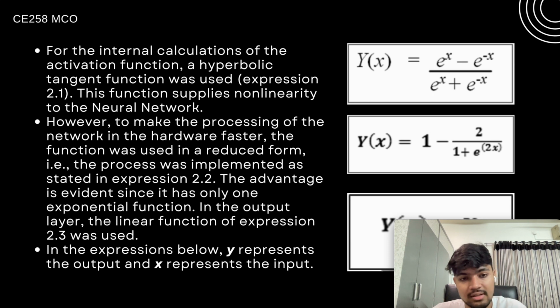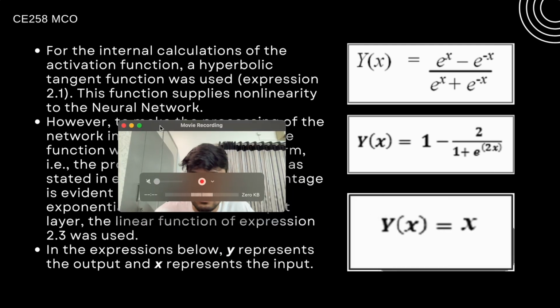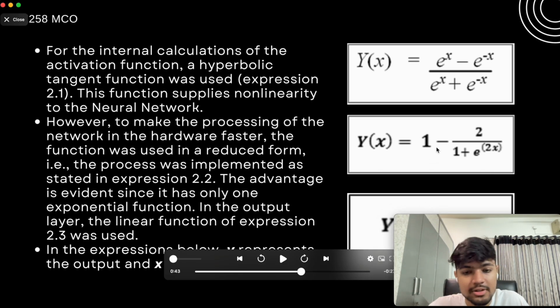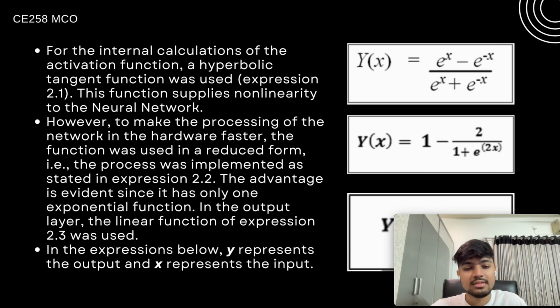The advantage is evident since it only has one exponential function rather than the 4 in the first image. In the output layer, the linear function of expression 2.3 was used, which is this one. In the expressions below, y represents the output and x represents the input.